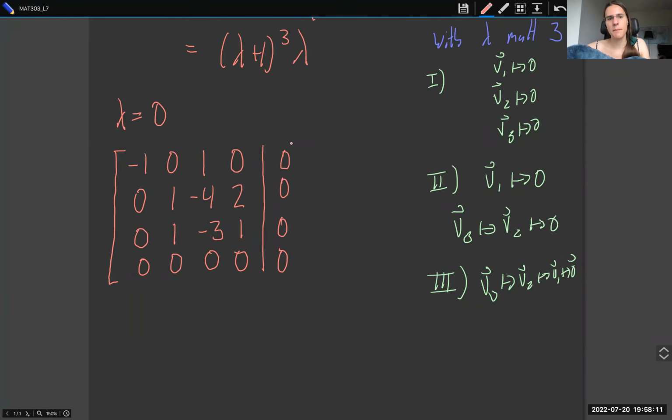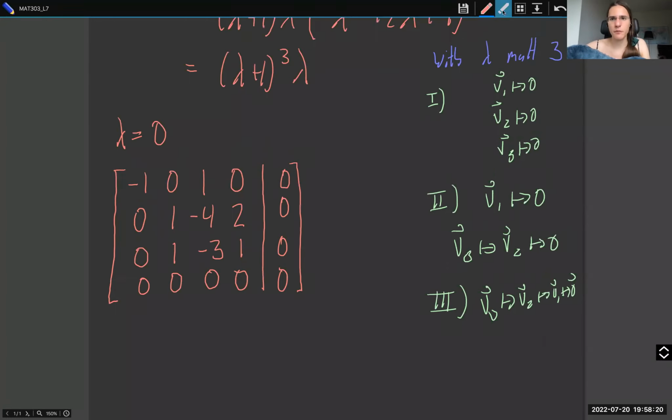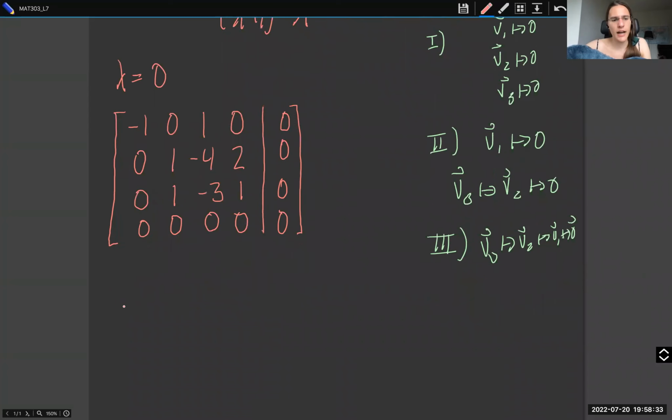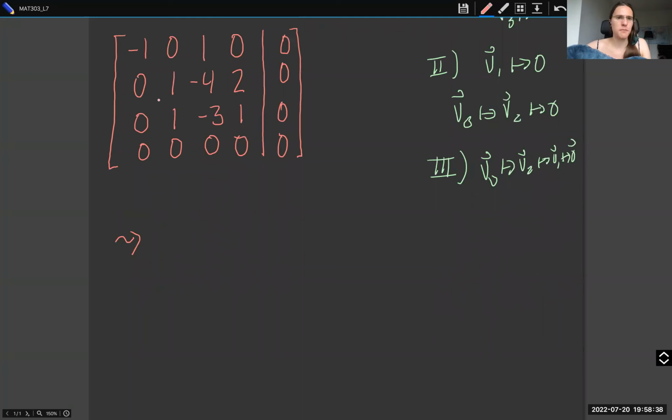Well, what do you notice about the second and third rows? Sorry, we want to subtract. No, never mind. We don't notice anything about the second and third rows. So we're going to do row reduction. First off, let's just multiply this by 1 so that there's a 1 here.